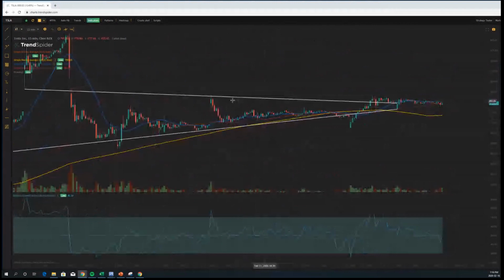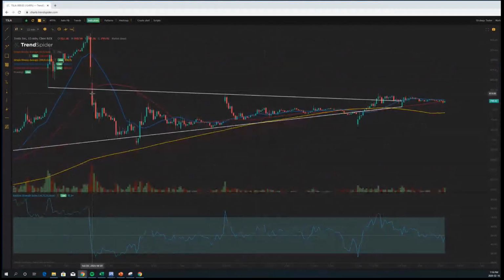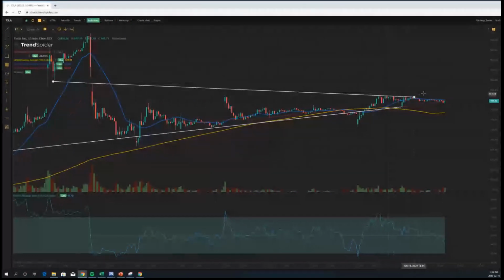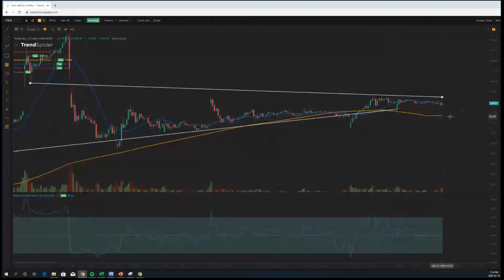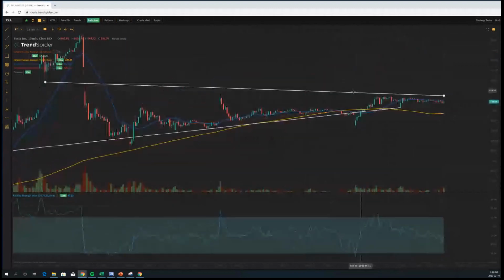So you've got a high here of 845, a high here of 820, and then Friday's high was 818. The next breakout, if this thing's going to break out and move, is going to be above that 820 mark. I would be looking to get long above 820, but with a proper stop.